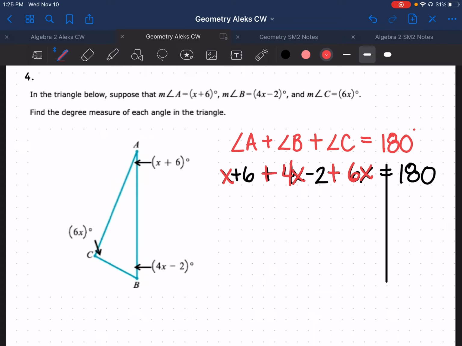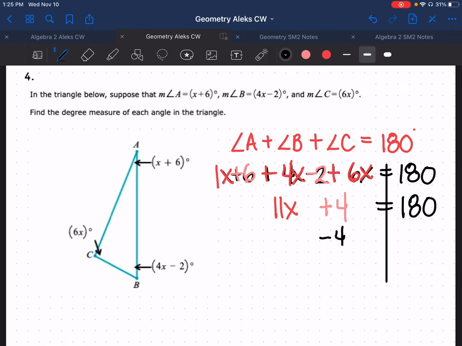Notice that I'm adding everything together and that there is a 1 in front of that first x. So that would give me 11x. And then I'm going to take my two constants, positive 6 and minus 2. I'm going to do 6 minus 2. That would give me 4. And of course, we're equal to the 180 degrees. But the degree sign doesn't have to be there.